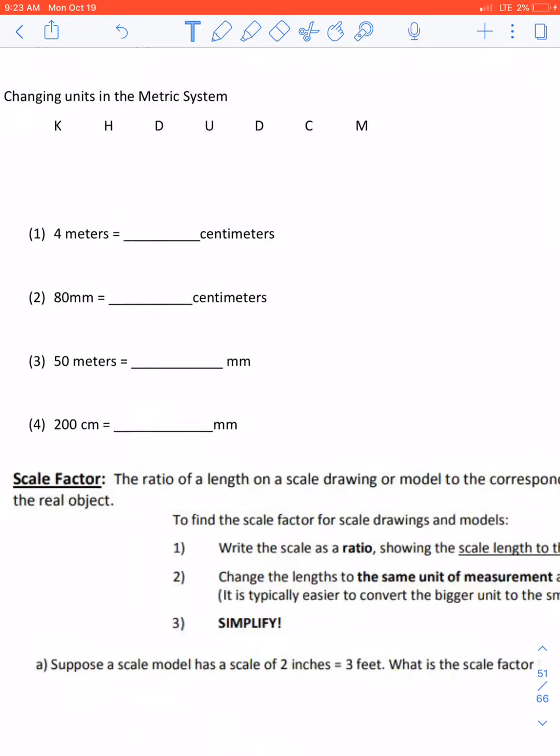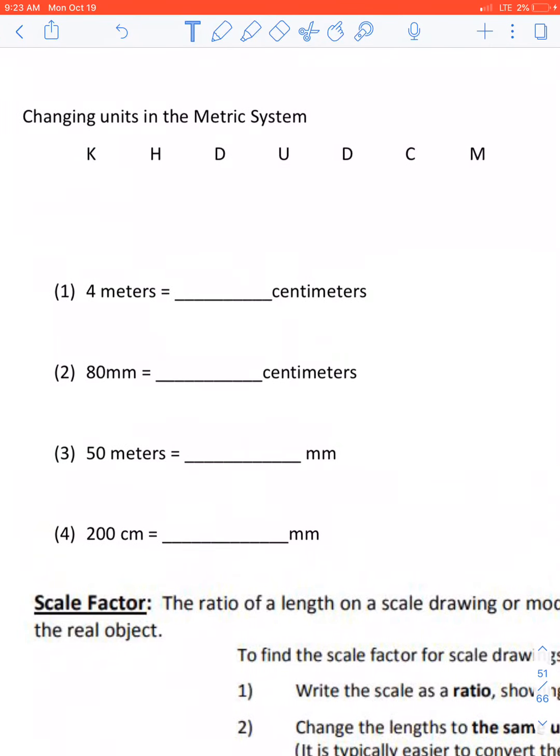Now I'm going to make this a little bigger so that I can write on this. All right, so changing within the metric system. These are all the prefixes for the metric units. So we have K, which is kilo, H, which is hecto, the D stands for deca, U stands for units.